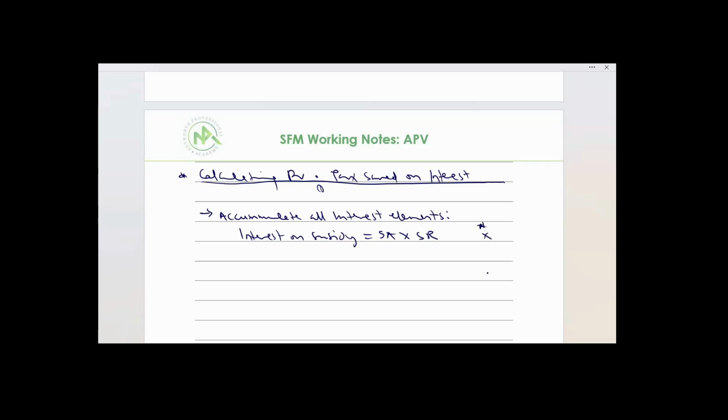Then you determine interest on normal borrowing, the interest the company will pay on normal borrowing. This is the borrowing through the bank or any external source, from the market. Again, the amount or the proportion of the loan attributable to normal borrowing, you multiply by normal borrowing rates.